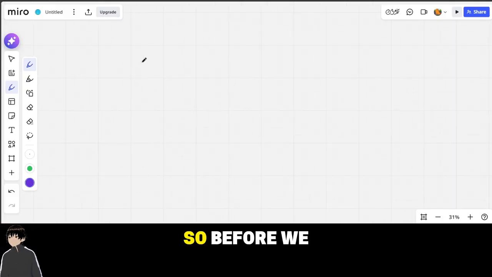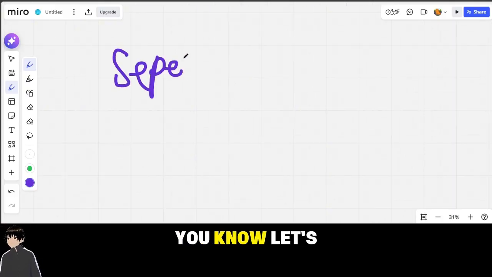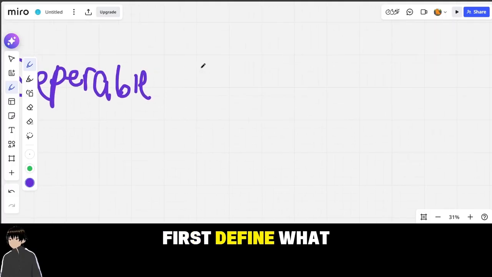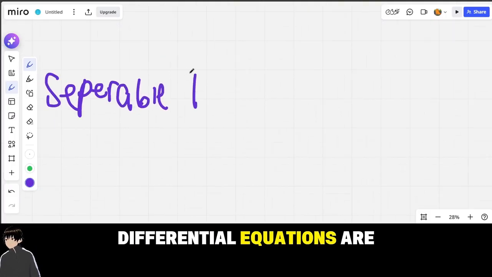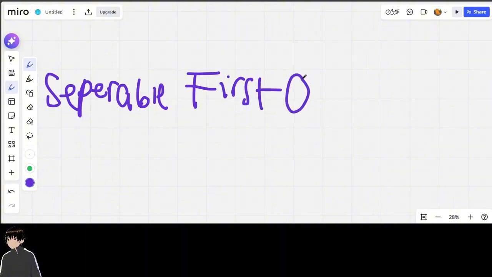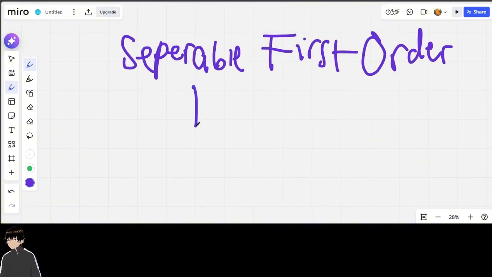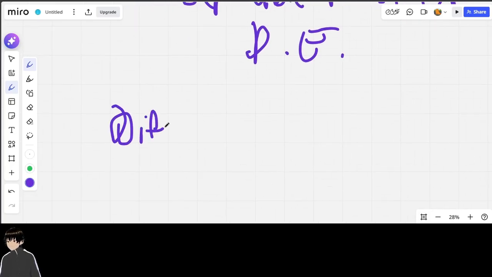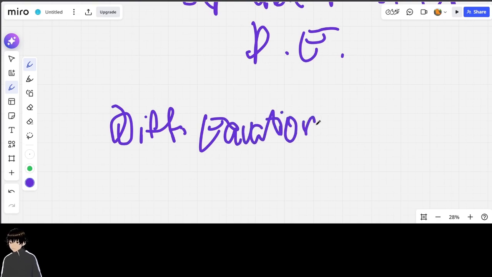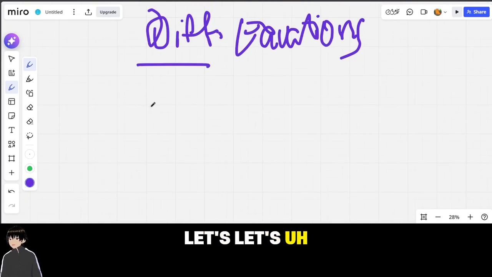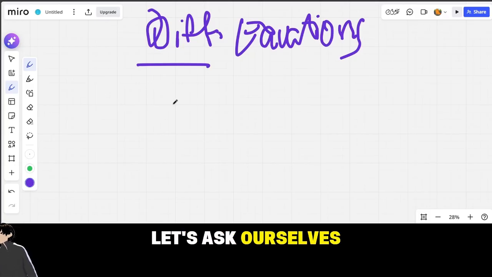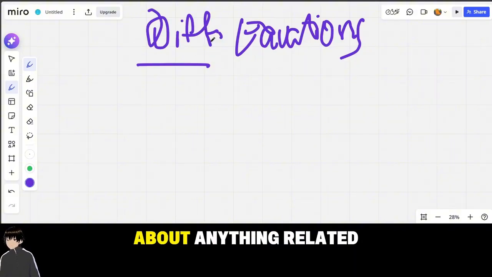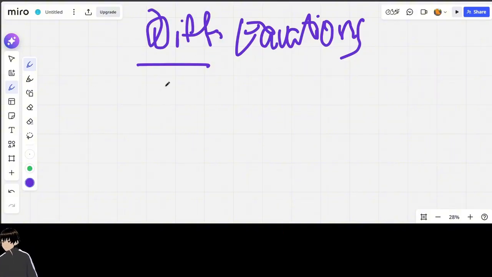Okay. So before we start, let's first define what differential equations are. What are differential equations? Let's ask ourselves, what do we mean by differential when we're talking about anything related to math?